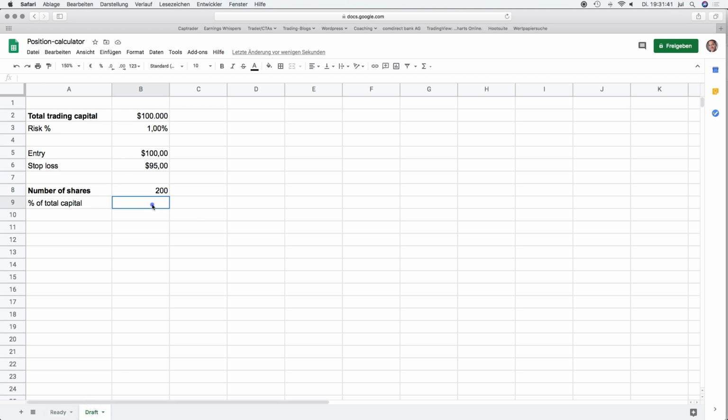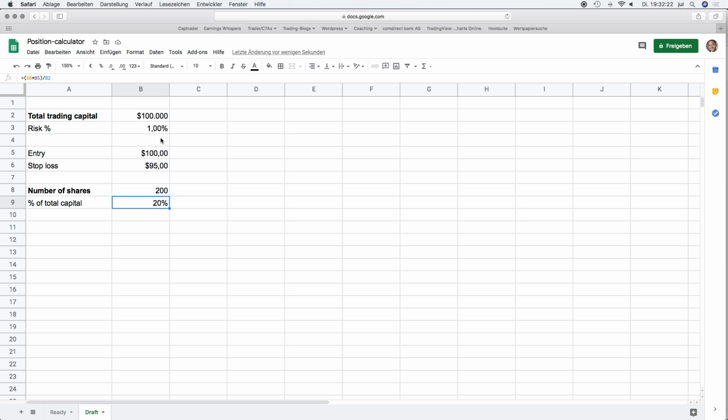So that's the position size, and then we want to know how much is that from the 100,000, and of course it's 20%. I already formatted the field with a percentage style, and now you can see you can trade a 20% position with 1%. It's very easy to set up, and I recommend to use that for your trading position size calculation.